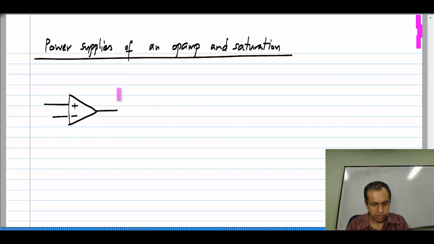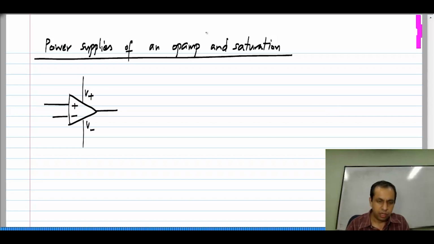So far, I have been using this symbol for the op-amp with 3 terminals: non-inverting terminal, inverting terminal and the output. Now, this it turns out is incomplete and we need 2 more terminals to which we can attach the power supply. Typically this is labeled V plus and this is labeled V minus.